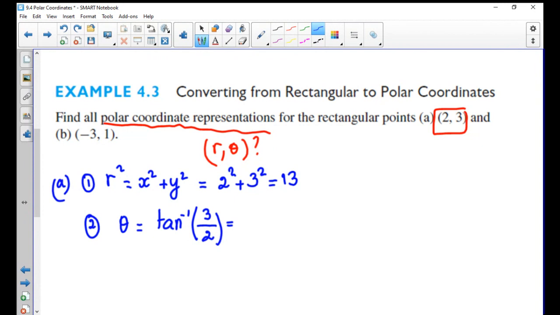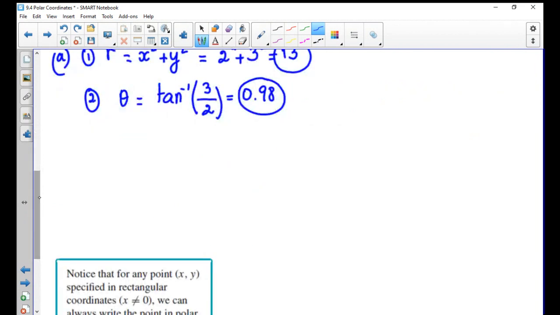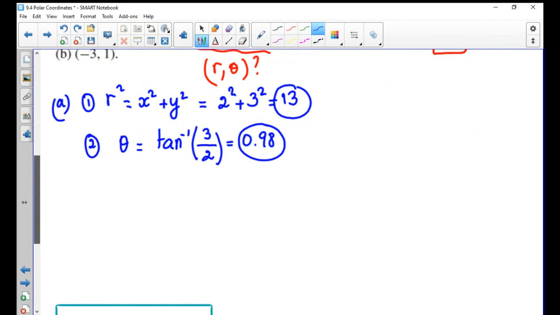That's 56 degrees, and in radians, 0.98 radians. At the moment, I'm just writing r squared.